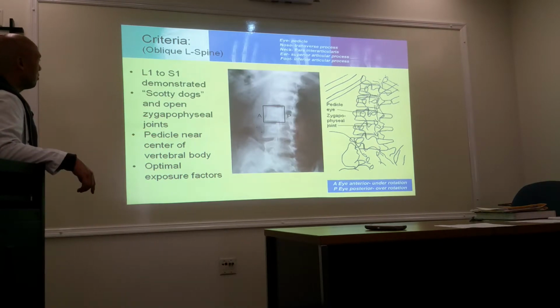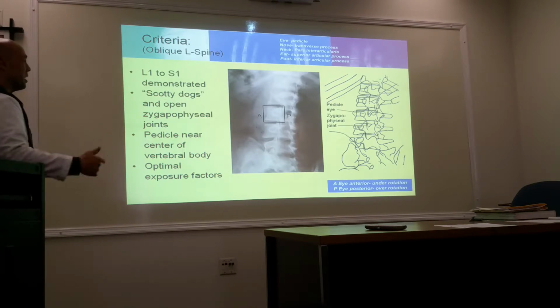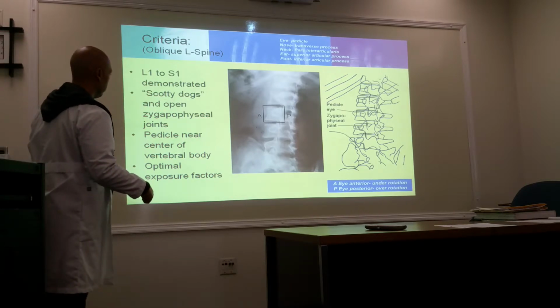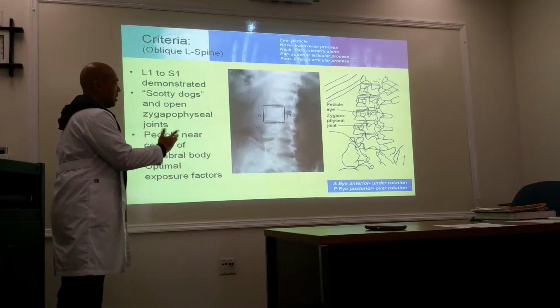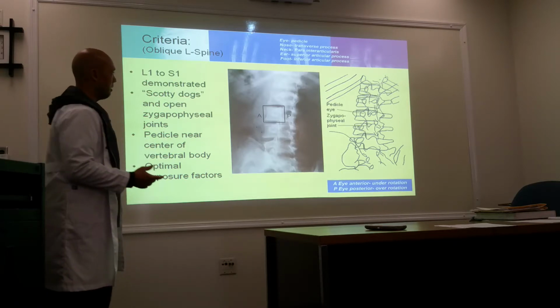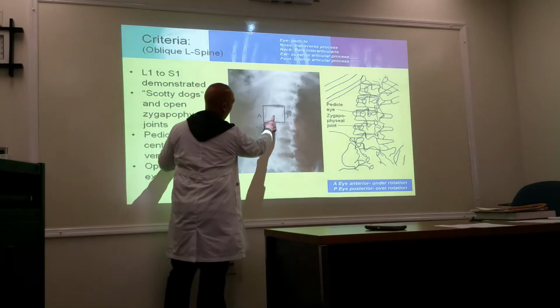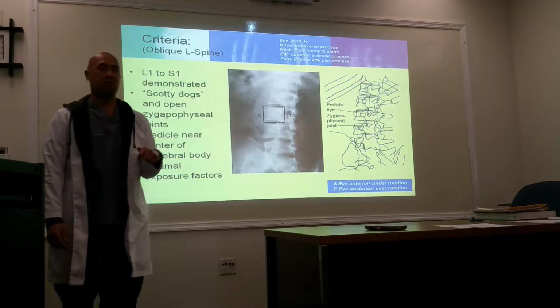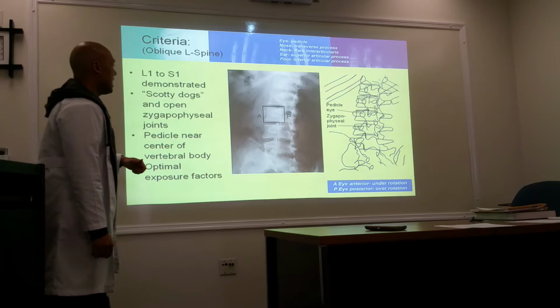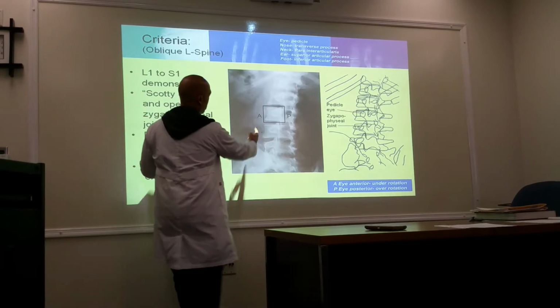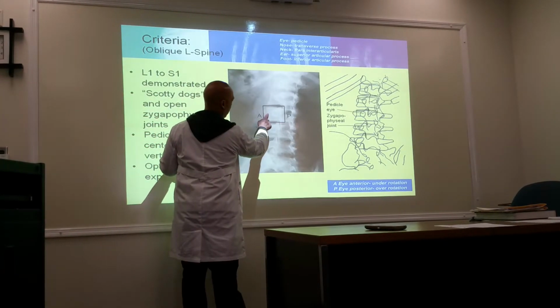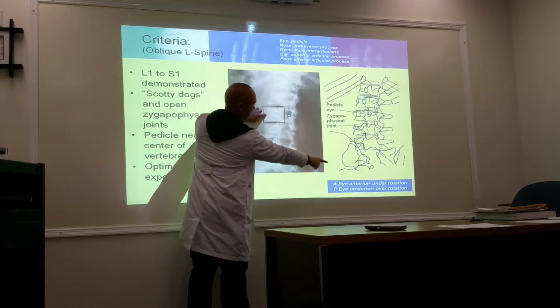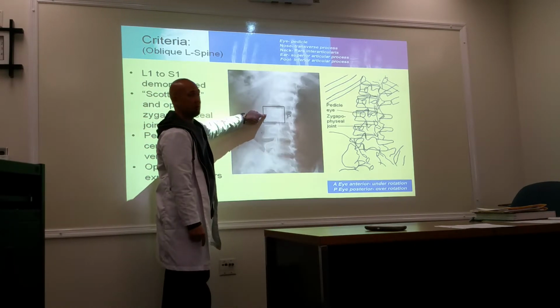So L5 to S1 should be demonstrated. You should see the Scotty dogs. The nose points to the side of obliquity or rotation. Now, how do we know if we have proper rotation? Well, the pedicle or the eye should fall right in the middle of the body. If the eye was closer to the anterior, that means that the patient was under-rotated.